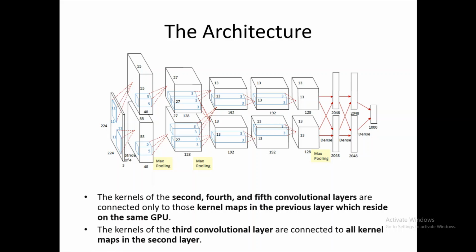The kernels of the second, fourth, and fifth convolution layers are connected only to those kernel maps in the previous layer which reside on the same GPU, which is also visible in this architecture.